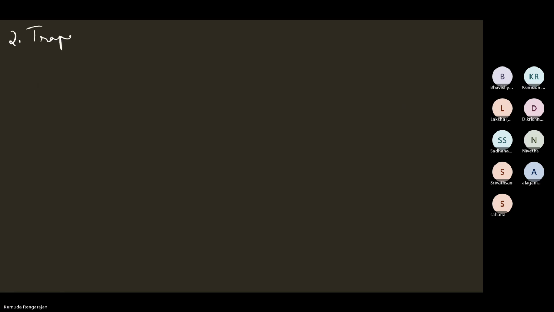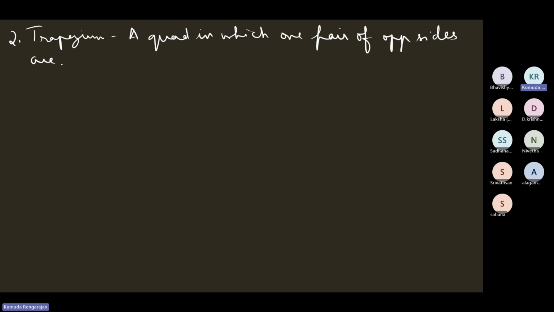Trapezium. A quadrilateral in which, you don't have to say exactly, a quadrilateral in which one pair of opposite sides are parallel. So a trapezium is a quadrilateral in which one pair of opposite sides are parallel.